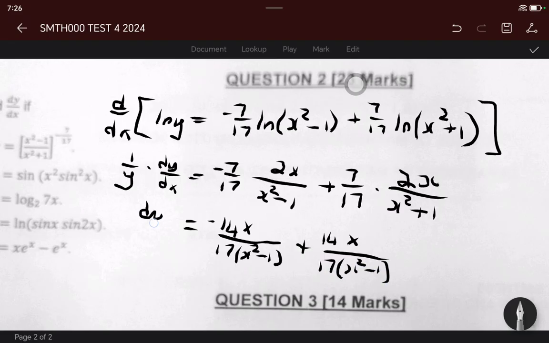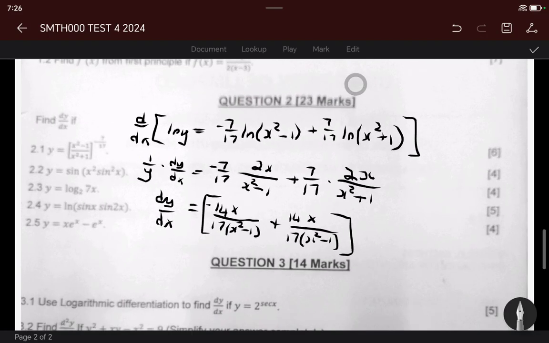So this will just be dy over dx. Then we multiply both sides by y, and we know what our y is, right? So the y would be x squared minus 1 over x squared plus 1. Then we keep the negative 7 over 17.